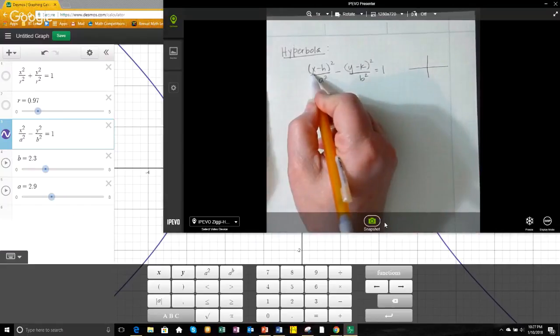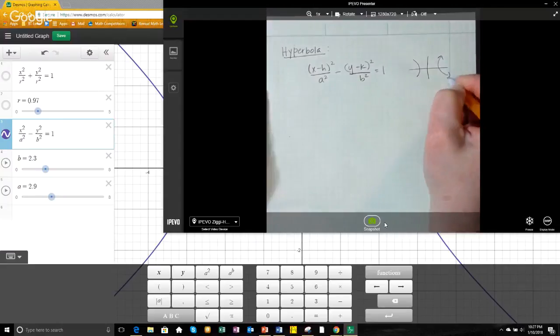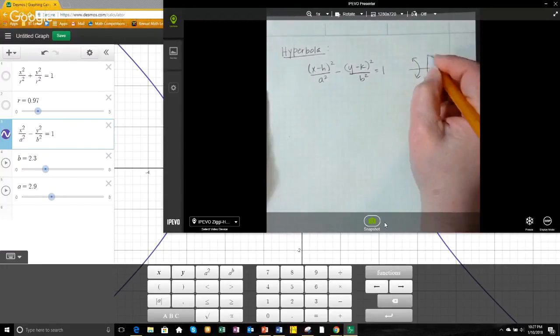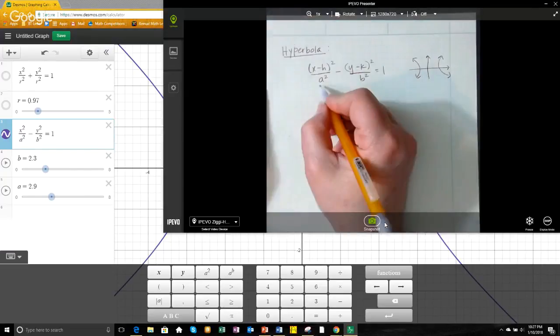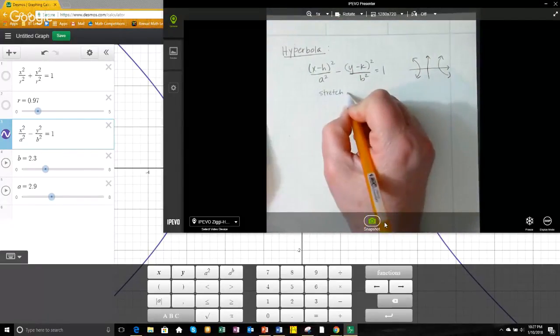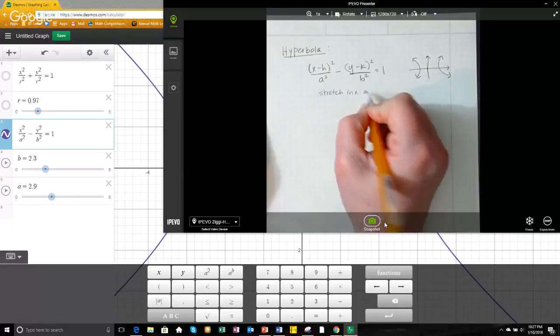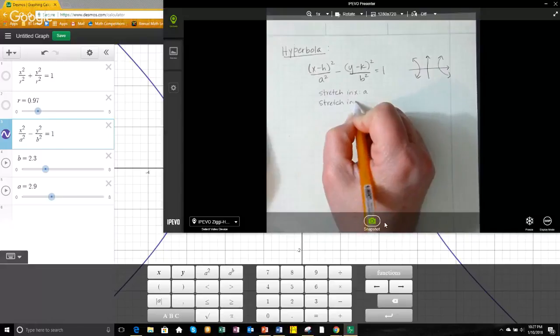Since the x term is positive, it's going to open along the x-axis. Okay, and a is still the stretch in the x direction, and b is still the stretch in the y direction.